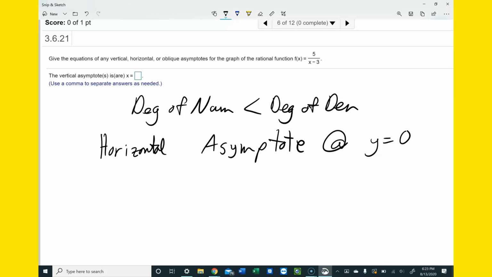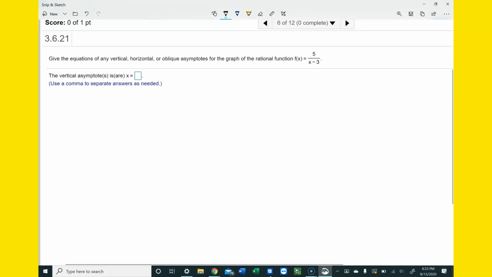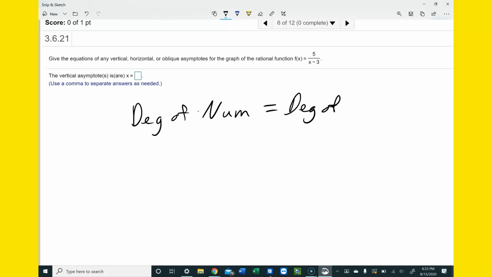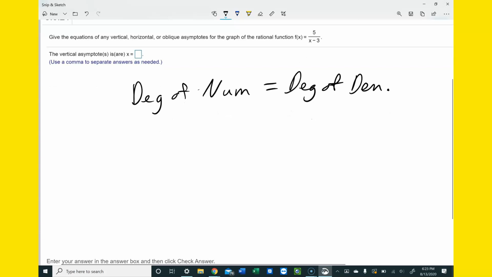Okay. Another case that we haven't yet done is if the degrees are equal. If the degrees are equal, you will have, again, a horizontal asymptote.